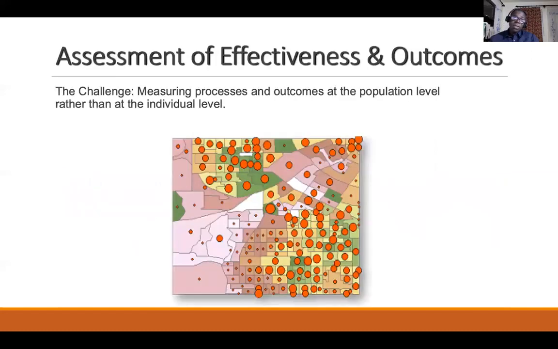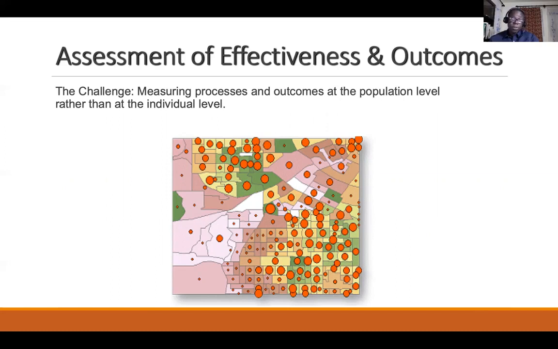You can also see it being used in assessment of effectiveness of and outcomes. In these cases, there are some geographic challenges that we will be dealing with in the course of this course.